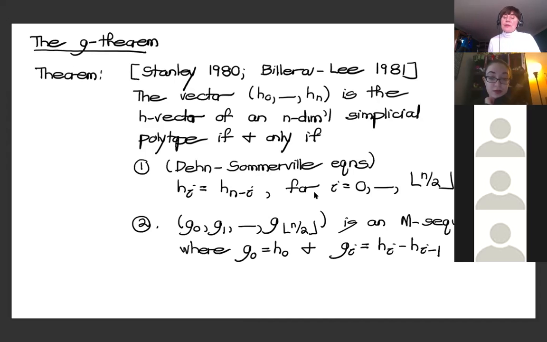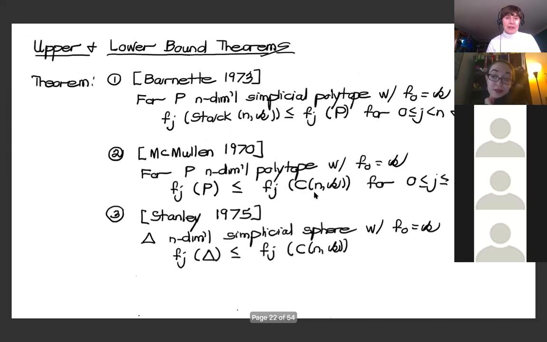And then there's this other thing called the g part: if you take differences of successive coordinates in the H vector, this forms something called an M-sequence. Maybe I'll just leave it at that. It has to do with commutative algebra. But anyway, this is pretty high-powered stuff just to talk about F vectors of simplicial polytopes.